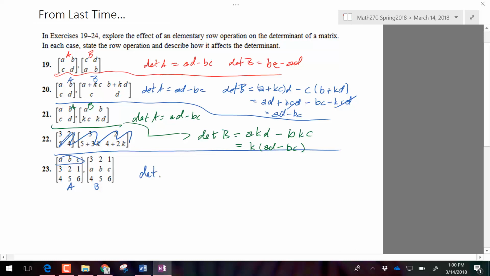The determinant of A is going to equal the first entry A times the submatrix 2, 1, 5, 6, minus B times the submatrix 3, 1, 4, 6, and then positive C times the submatrix 3, 2, 4, 5.